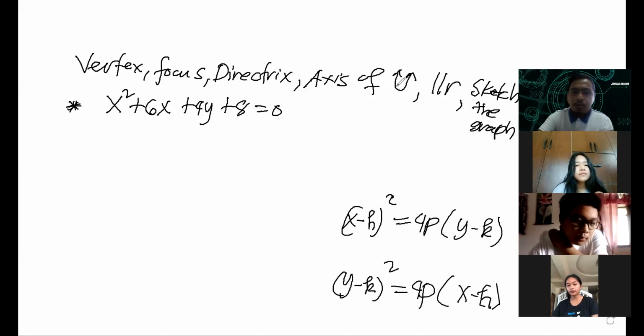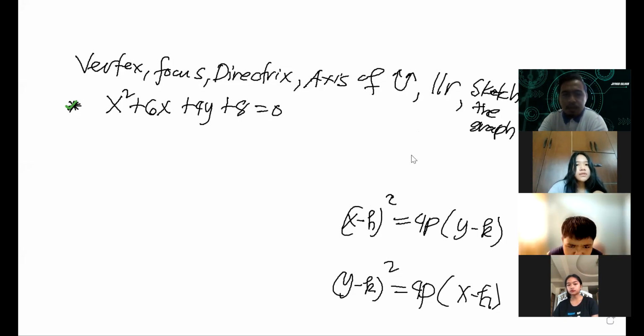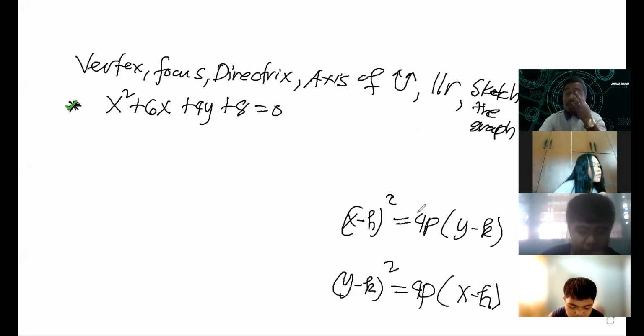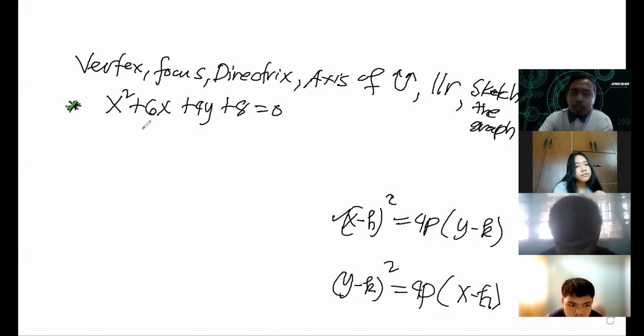Which form do you think we will use in this problem? Sir, the first, because the x is squared. Very good observation. Since the exponent 2 is on x, we will be using this one. So we need to rewrite this equation into this form.